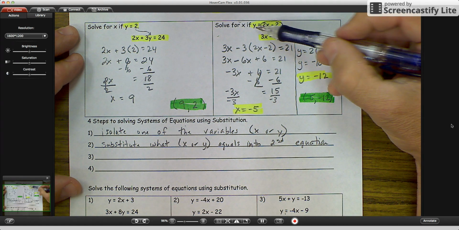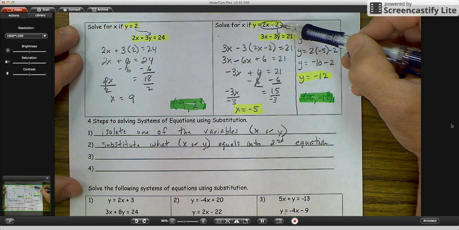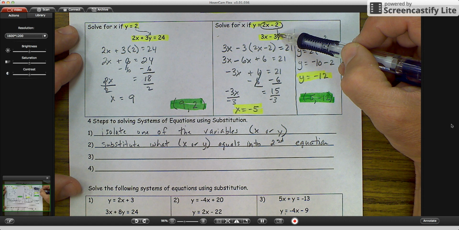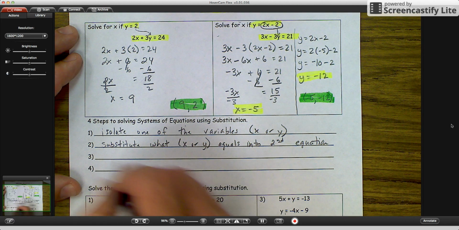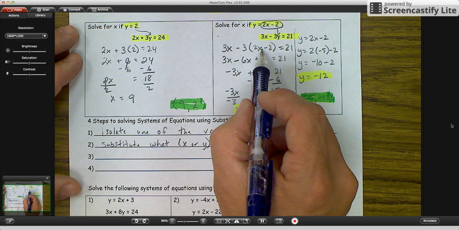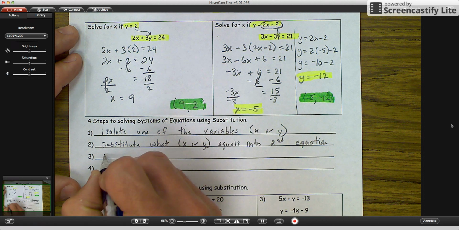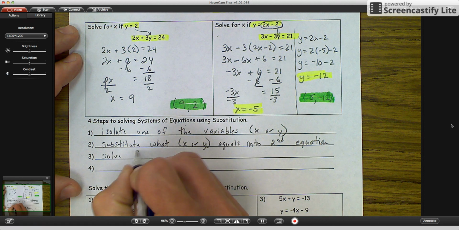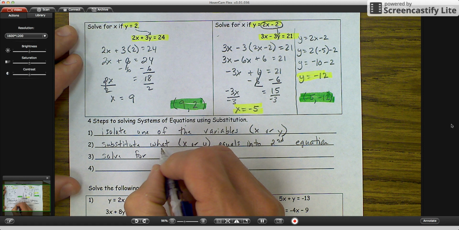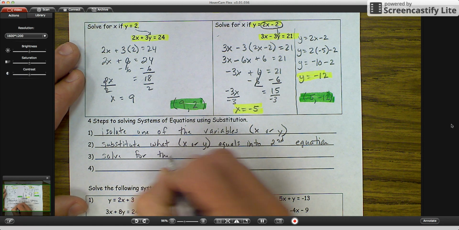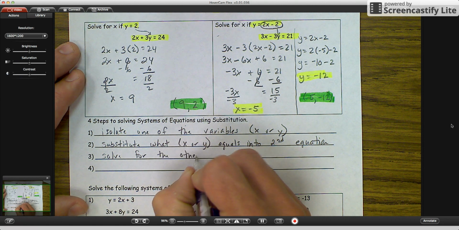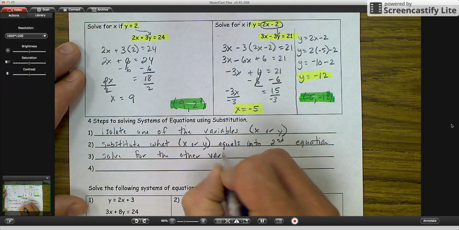So over here we said y equals 2x minus 2. We substituted that into our second equation. The third thing we did once we substituted it in was we solved for x. So third thing, solve for the other variable.